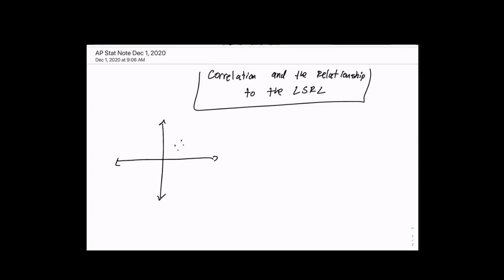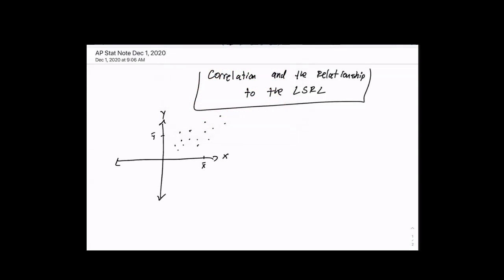If we have a scatter plot, we might get something that looks like this with the values x and y. It should be noted that the mean would be probably somewhere right around here for the y. The mean would be somewhere around there for the x.